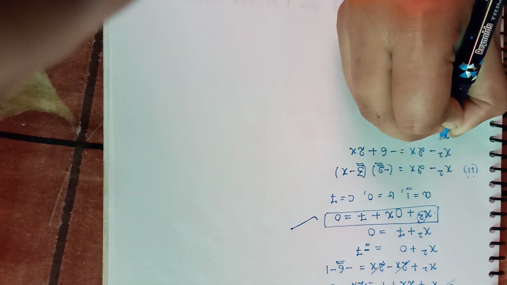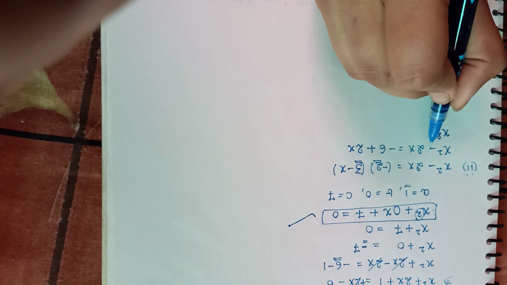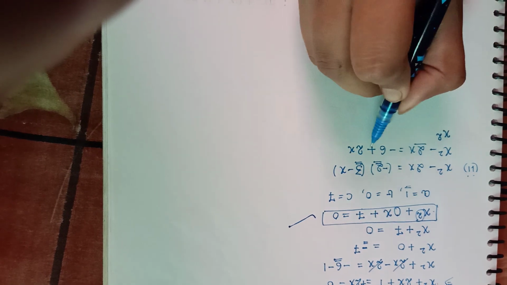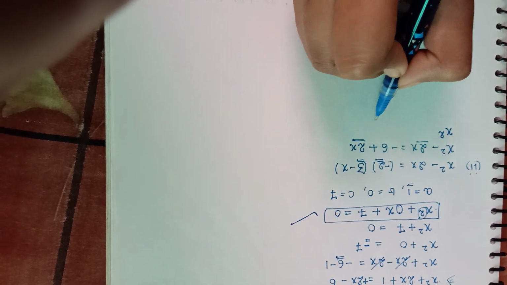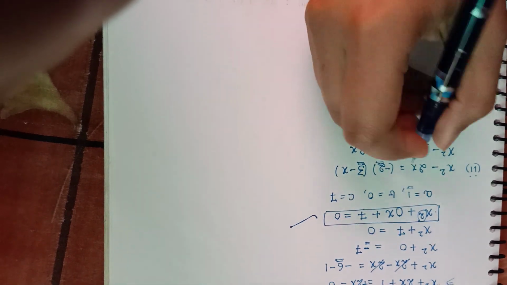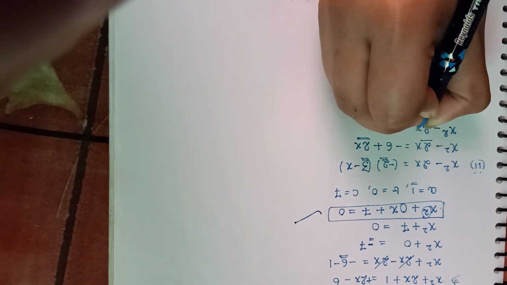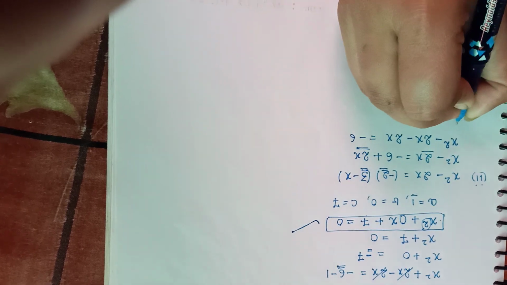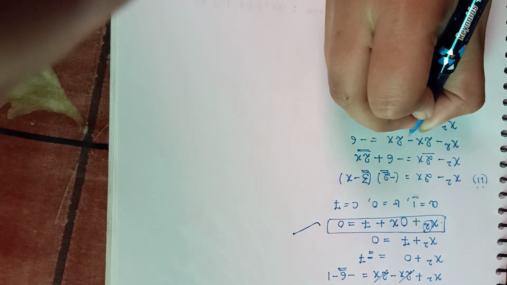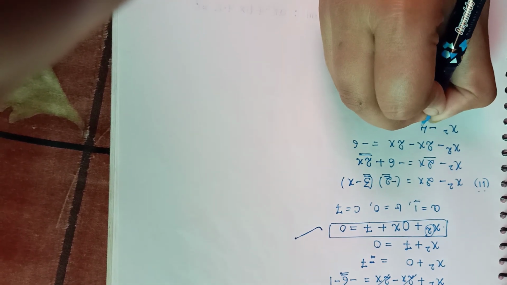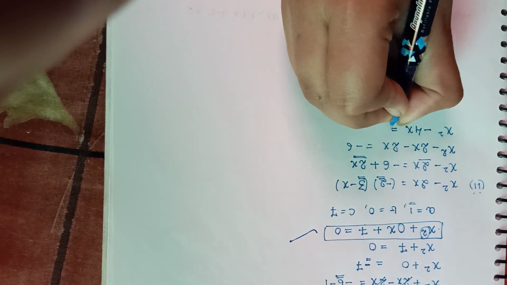Now we shift that plus 2x over to the left hand side, so it becomes minus 2x minus 2x makes minus 4x equals to minus 6.